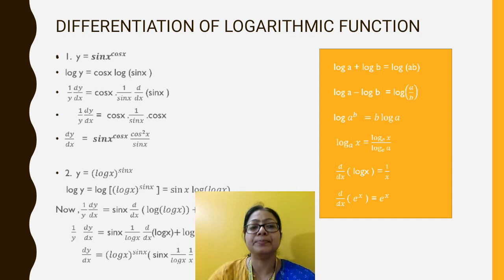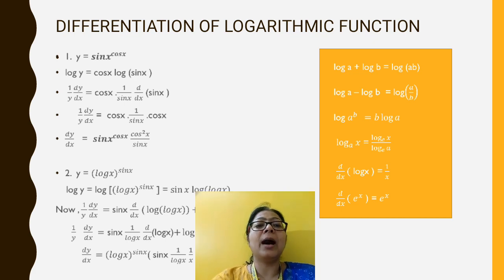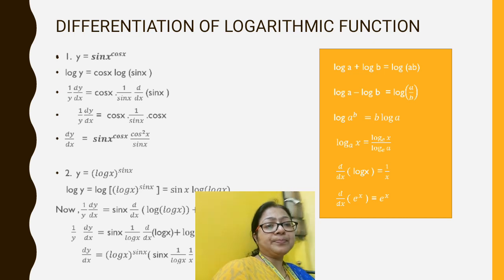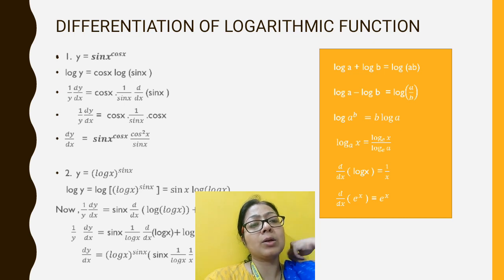The first sum, as I had shown in the previous slide, we cannot do unless we take log on both sides. That is how to use log, which I am going to explain. That is, y is equal to (sin x) to the power cos x.